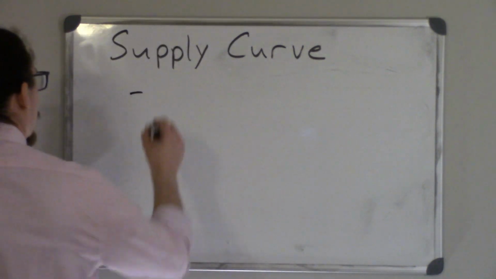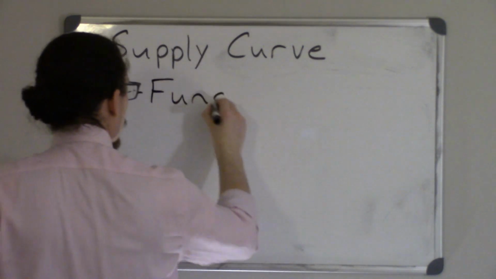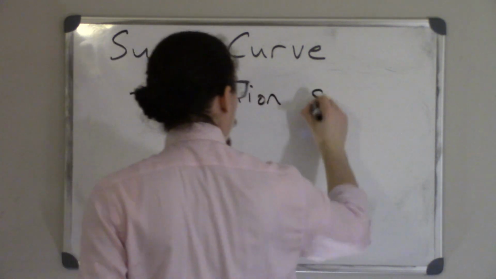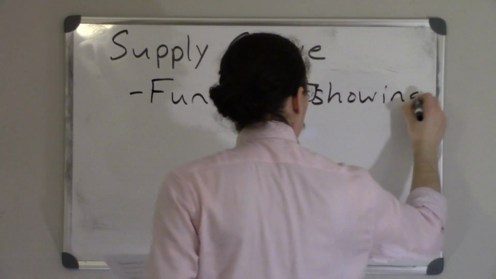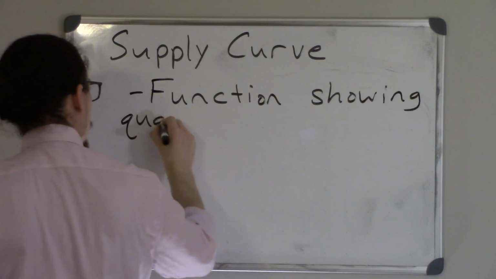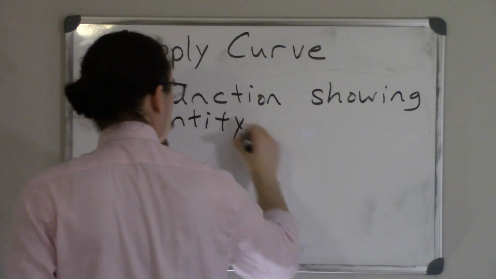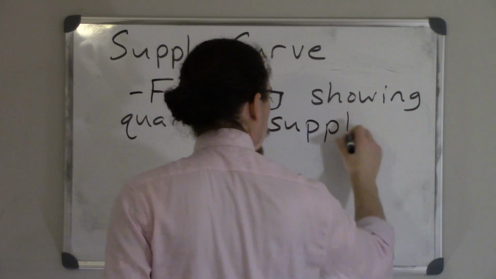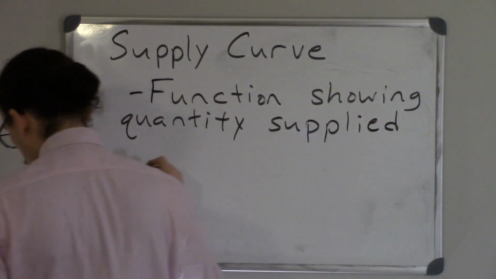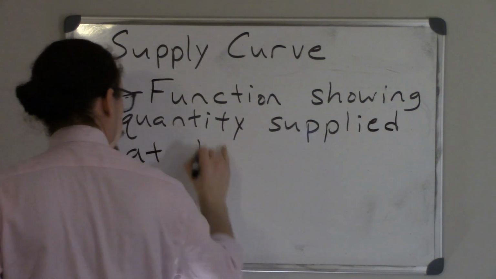And it is a function showing quantity supplied at different prices.